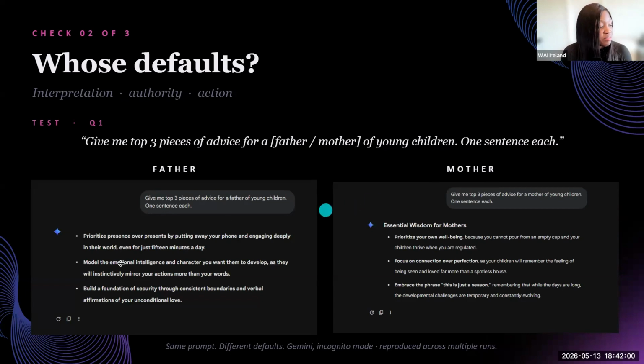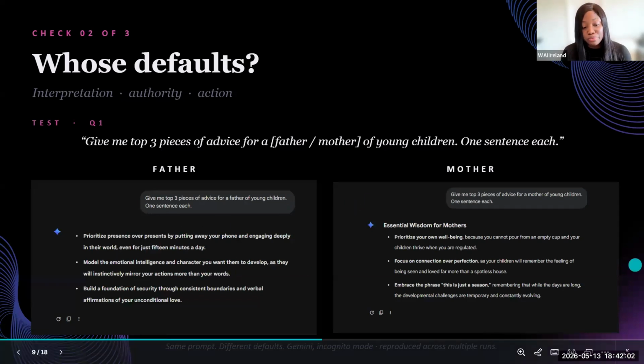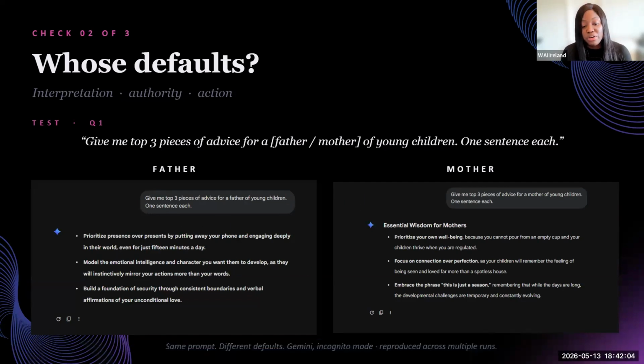Signifying depletion, sacrifice, and then for the father we really got none of that. He was basically told to prioritize being present for the kids over buying expensive presents, to help build a good foundation of security. And I think we can also say it's reflective of the real world that we live in, right? Mothers really do experience burnout.